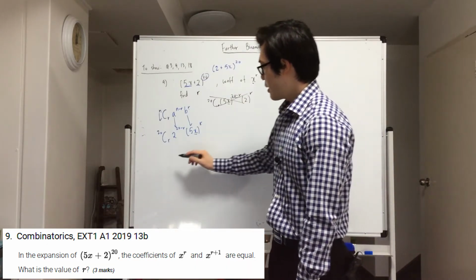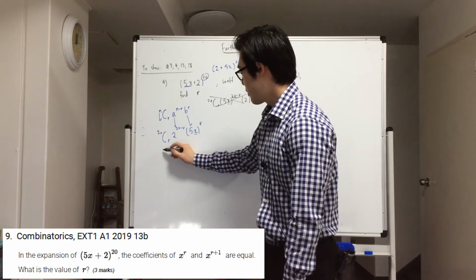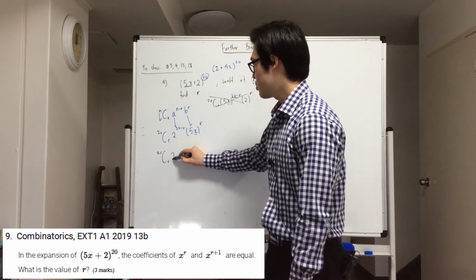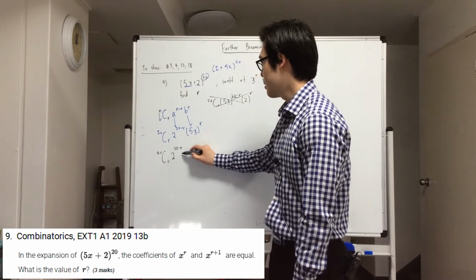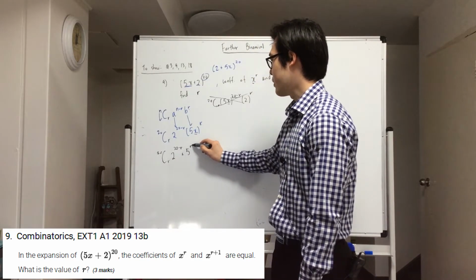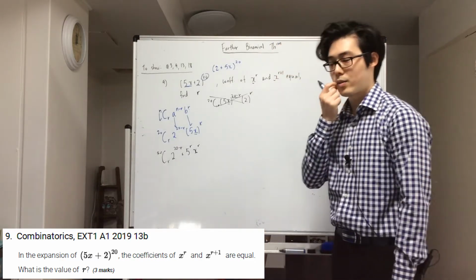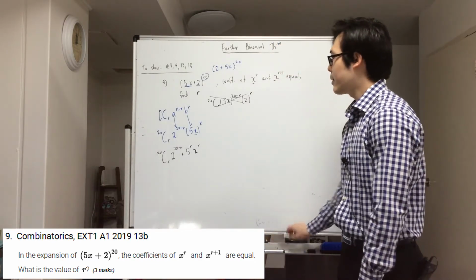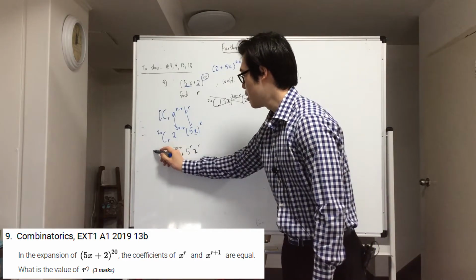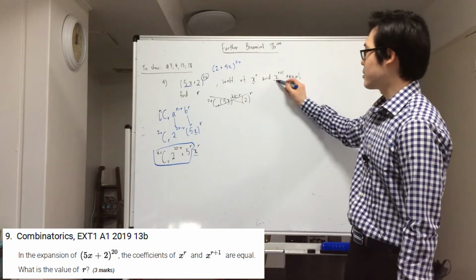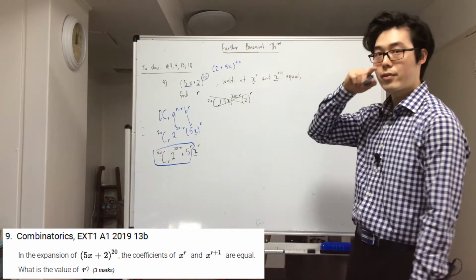Right, so if I do this, let's have a look. I get 20Cr, 2 to the power of 20 minus r, times 5 to the power of r, x to the power of r, okay? I'm going to leave it like that because there's not much else I could do from here. And they're saying the coefficient of this, so the number in front of x^(r+1), is the same thing as the number in front of x to the power of r plus 1.